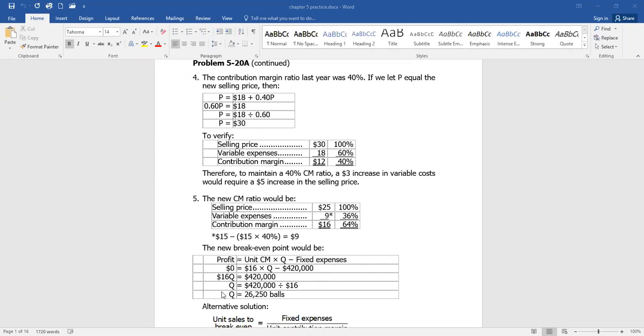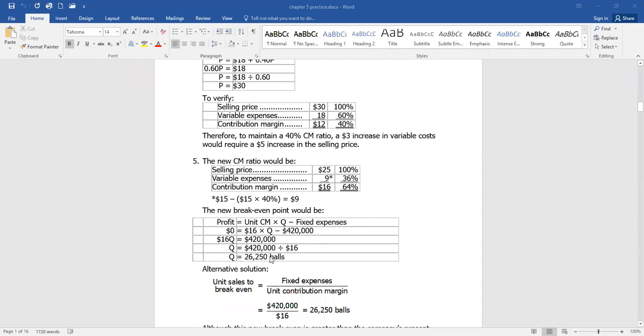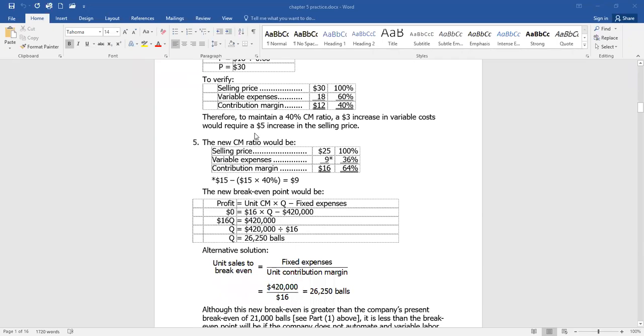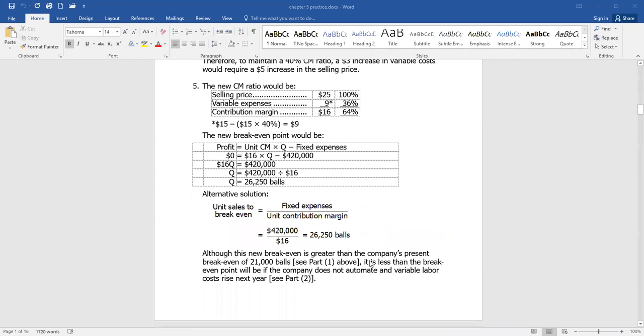So solving for Q, the company would have to sell 26,250 balls. That's using the equation. You could also use the formula. Take the new fixed expense amount of $420,000 divided by the new unit contribution margin of 16, and you'll get the same result. They'll have to sell 26,250 balls if they decide to build this new plant.